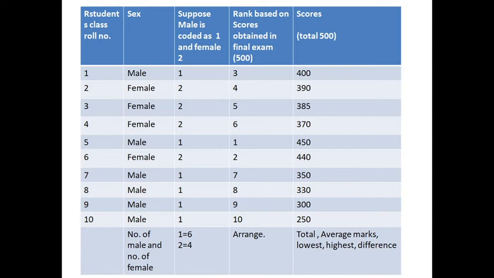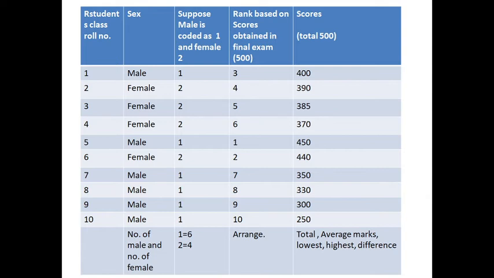See the fifth column. This fifth column is now stating the scores secured or obtained by the students out of 500 marks. So here you see, while discussing ordinal scale, I told you that from ordinal scale you cannot find out the difference in the magnitude.